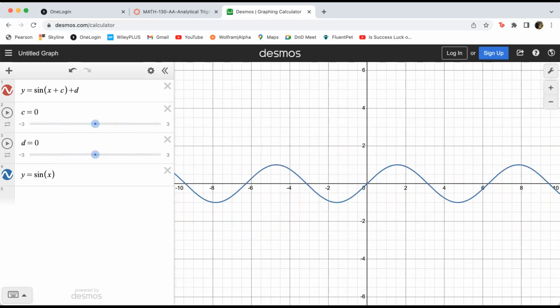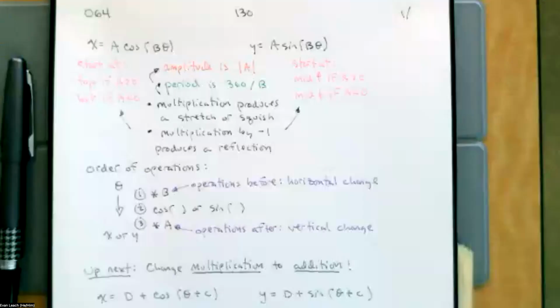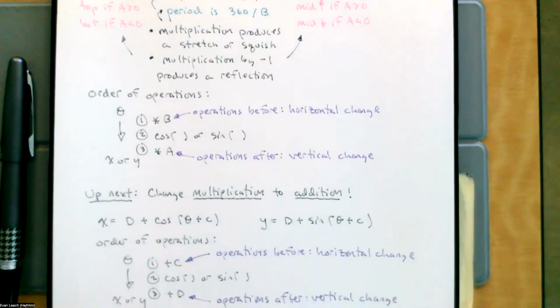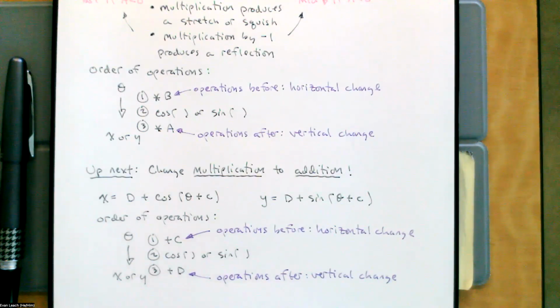So let's jump back into our. So when we change our multiplication to addition, where multiplication produces a stretch or a squish, addition is producing a shift.